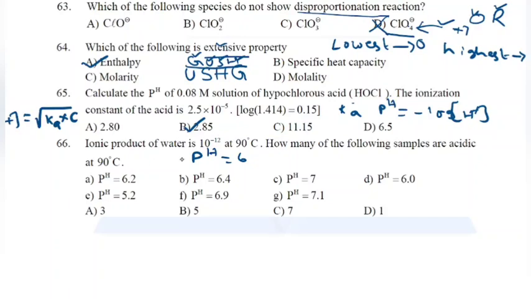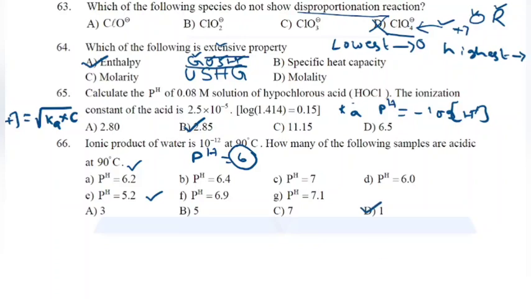Those samples having a pH value less than 6 will be acidic in nature. So let me check which are less than 6. This 5.2. Oh, only 5.2. So that means only one sample is acidic in nature at this 90 degrees temperature. So the answer will be D.